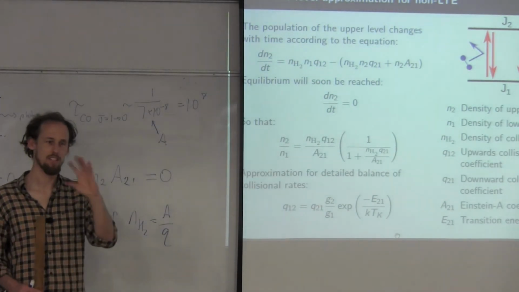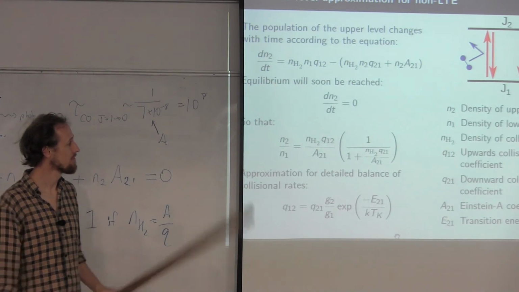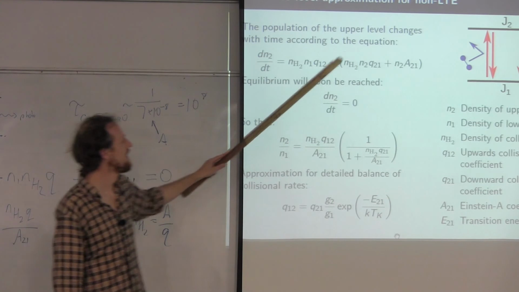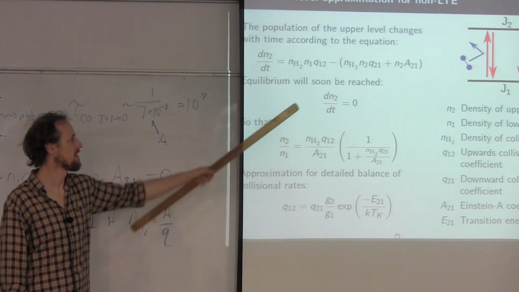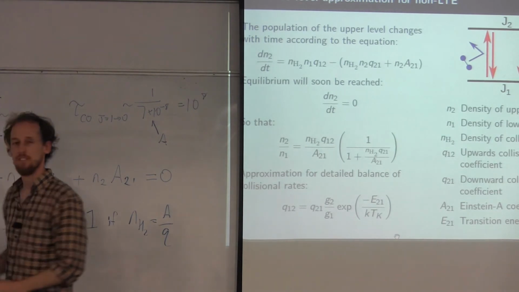That was the number of ways you can have a rotational level at the same energy. So if we know the 2 parameters Q and A and the hydrogen density, we can work out, in the 2-level approximation, the ratio of particles in these 2 levels.